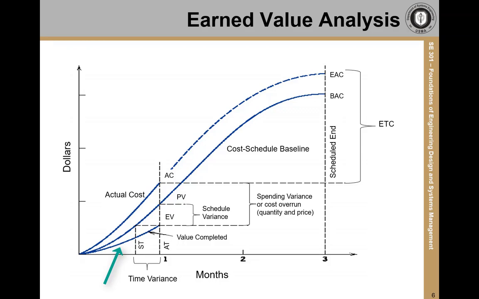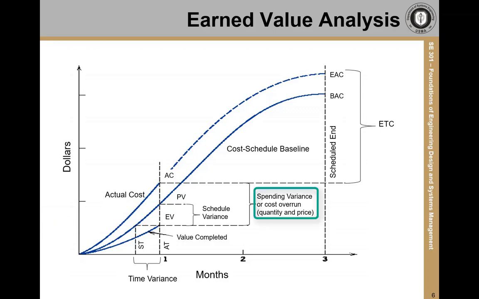And you can see that pretty much from the start, things have not gone as well as we planned. Additionally, above the planned value line, we see the curve showing how much we've spent, the actual cost. Again, we've been spending more than planned. So at the 1 month point, we can see the levels of actual cost, planned value, and earned value.